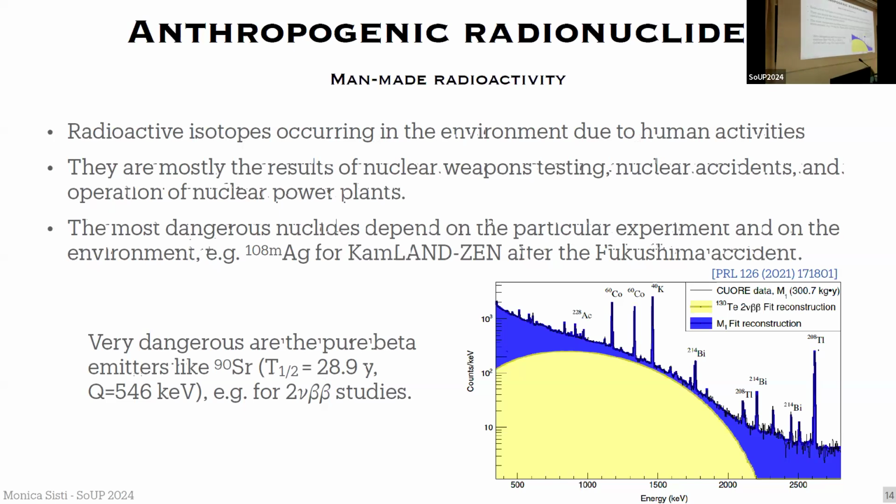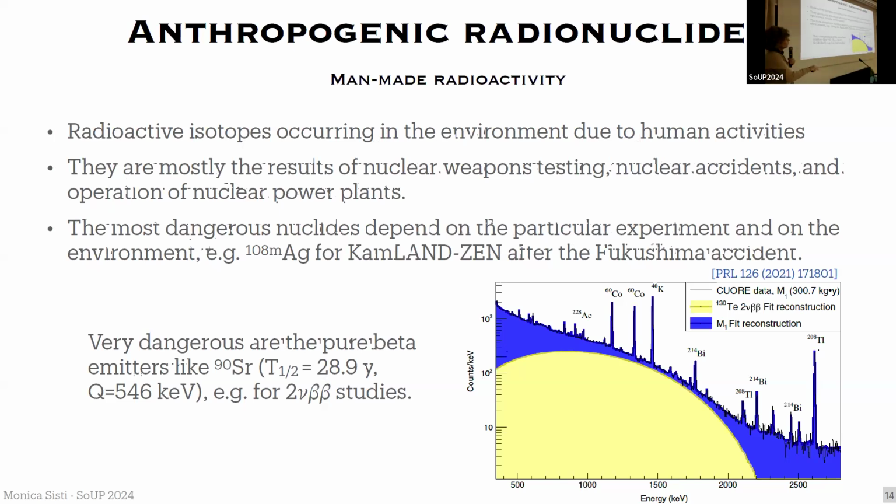Another thing I want to mention is that the very dangerous anthropogenic nuclides are the pure beta emitters. For example, strontium-90 could be present in the detector material. It is very difficult to detect because it is a pure beta emitter.